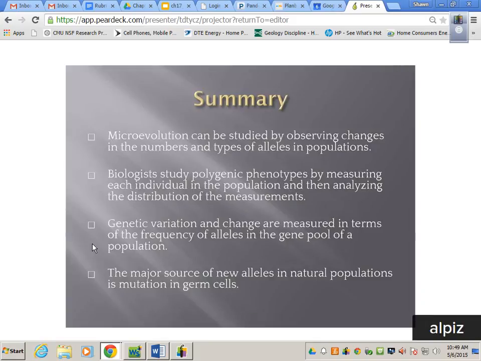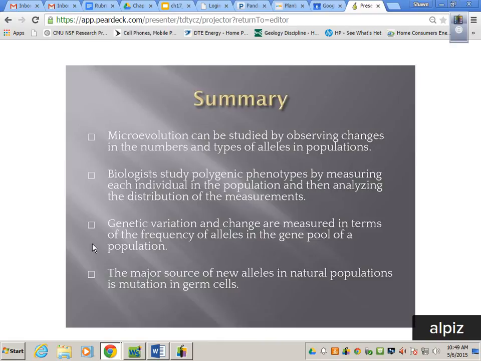So microevolution is studied by observing changes in the numbers and types of alleles in a population, counting them in terms of frequency, how often they show up. Biologists study polygenic phenotypes by measuring each individual in the population and then analyzing the distribution of measurements in a range, a distributional range, called a bell curve.